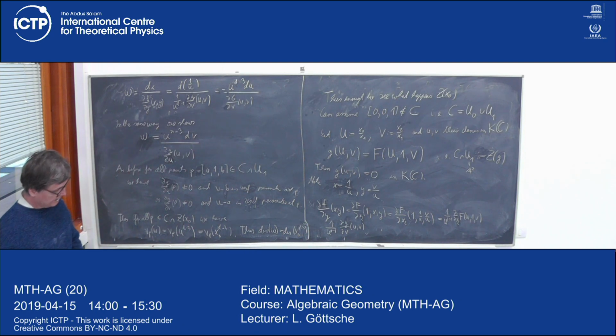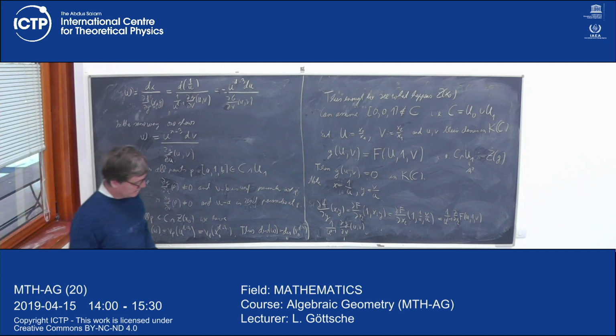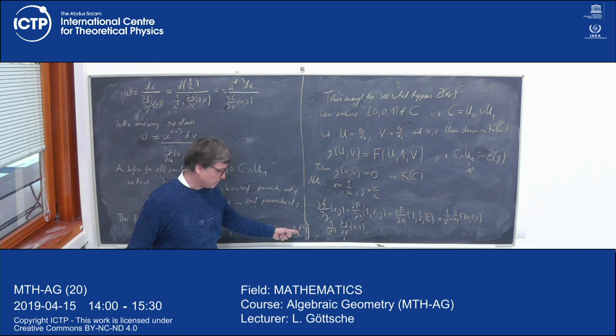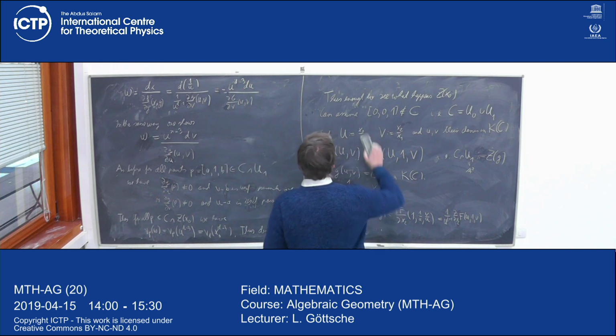And we know that the degree of the divisor of a polynomial of some degree is d, the degree of the curve, times the degree of the polynomial.